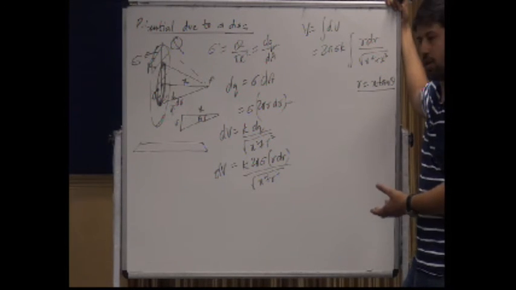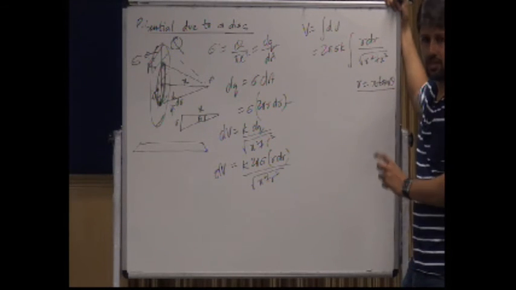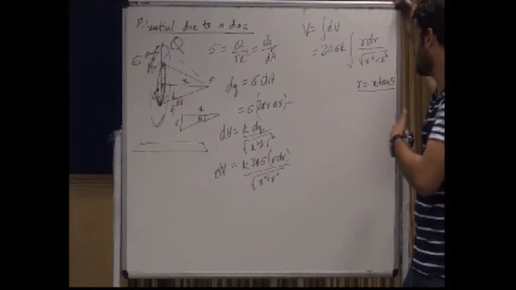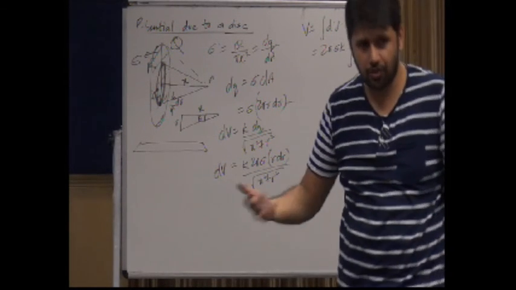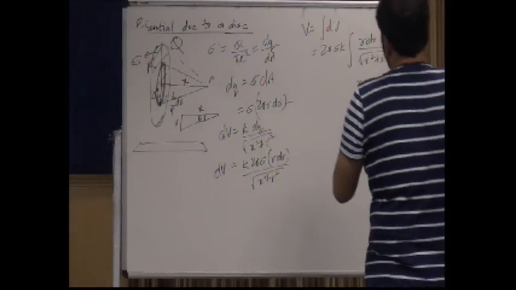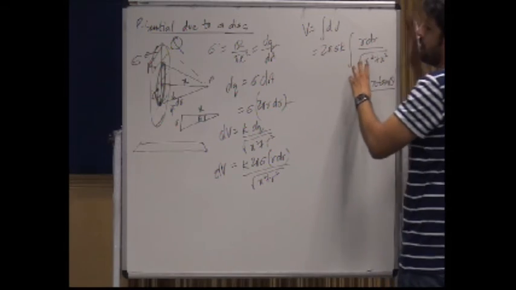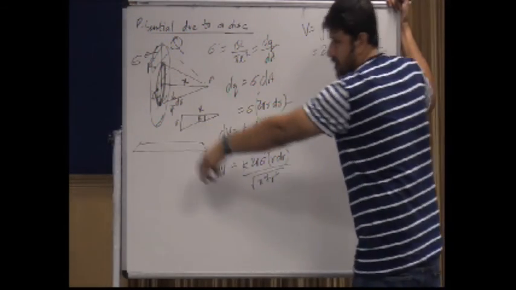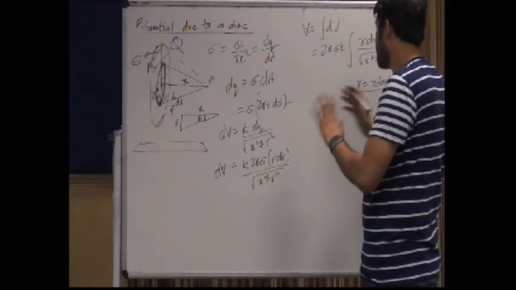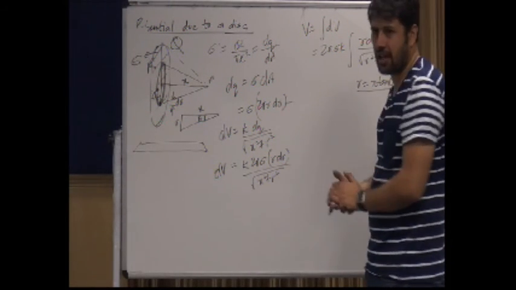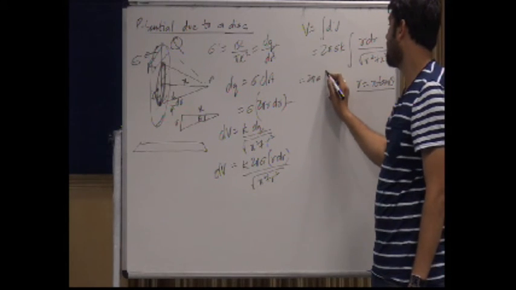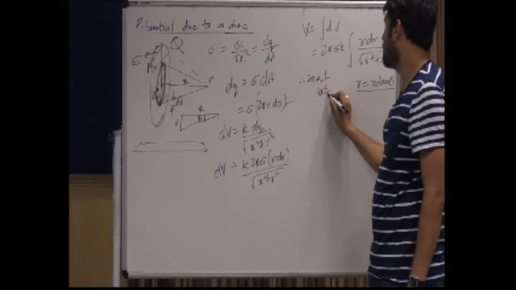You already know this kind of substitution through maths, but finding the triangle helps a lot after you have done the question. So you get r equal to x tan theta. This is 2 pi sigma, and k is 1 by 4 pi epsilon naught.